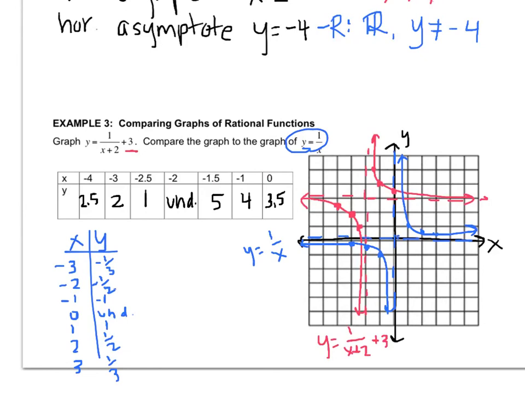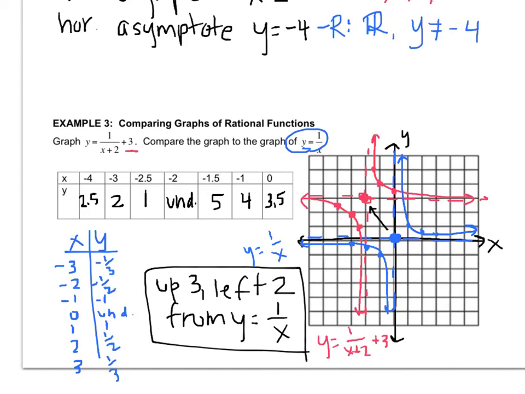So if you compare the epicenter of the asymptotes, the intersection of those asymptotes and the intersection of these asymptotes, then it's relatively easy to say that it went up 3, left 2, from y equals 1 over x.